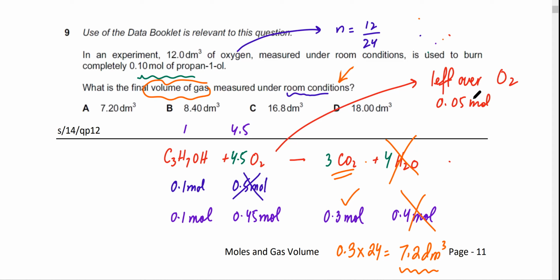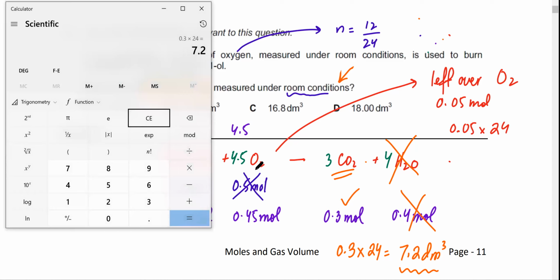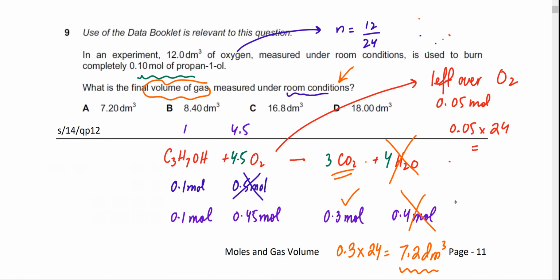And because of that, you can now find the volume of O2 gas that's left behind as well. You can multiply 0.05 by 24. And if you do that, 0.05 multiplied by 24 gives you 1.2 dm cube.